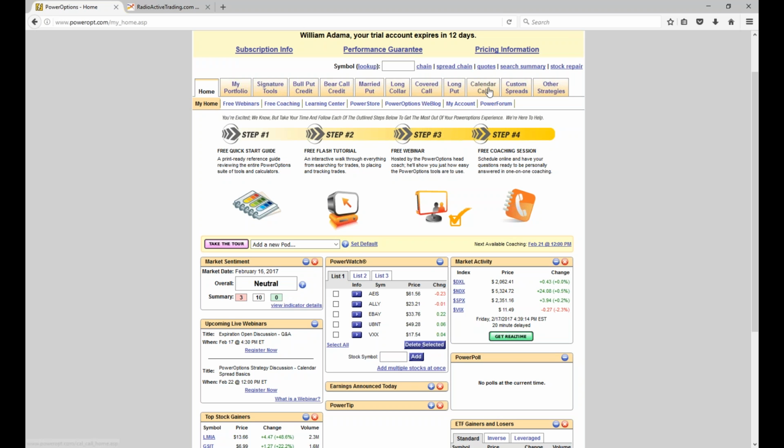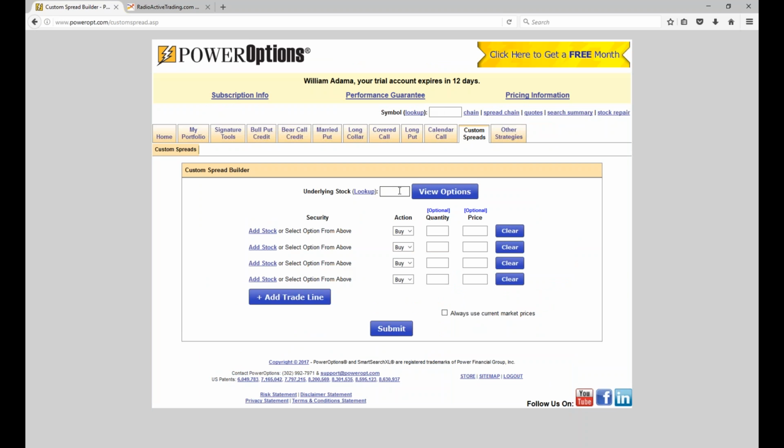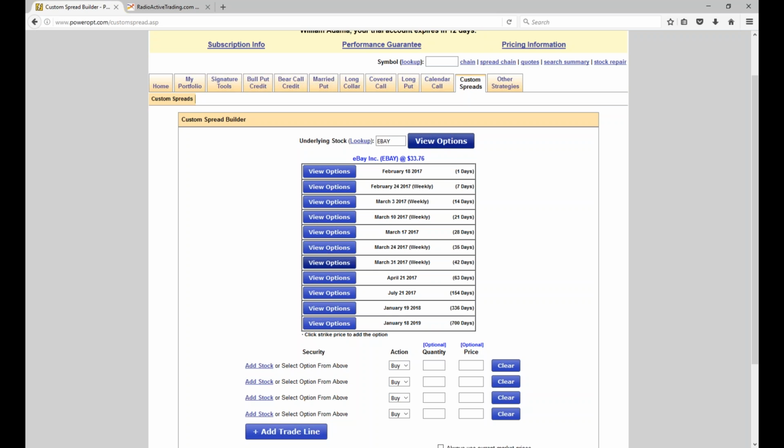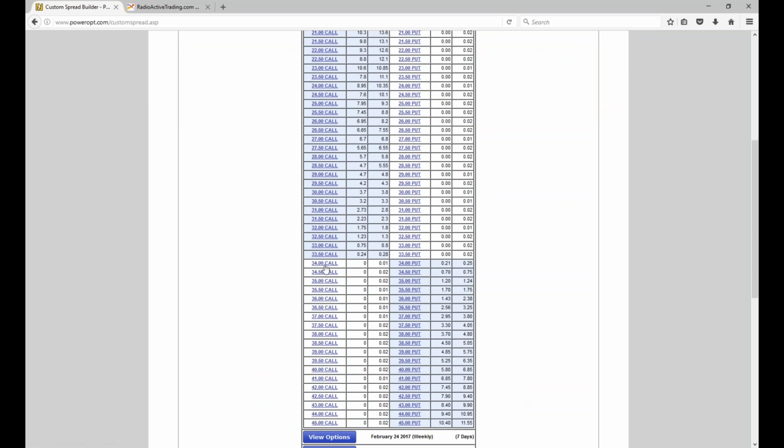All right, so let's go back. And eBay, of course, is trading right now at 33.76. And it's been moving around. It had dropped down earlier this week, down to about 33.20 or last week or so. So let's take today's date, and let's say I had originally done a bear call spread.